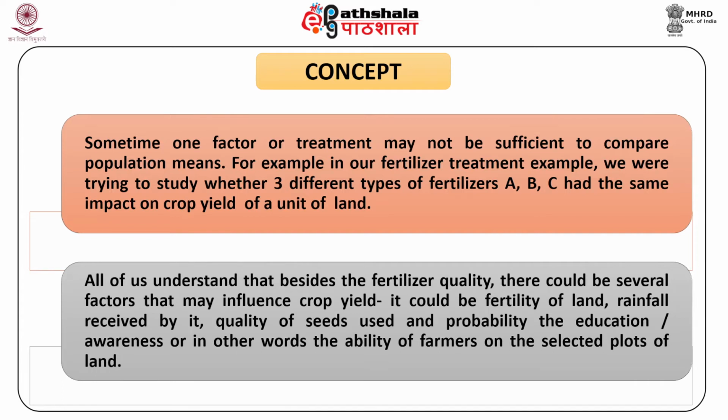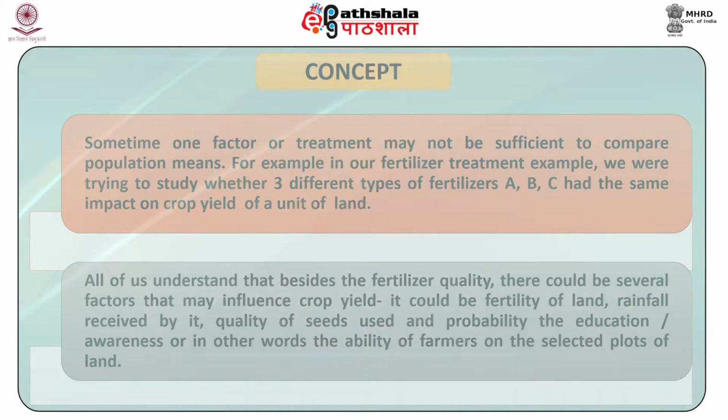All of us understand that besides the fertilizer quality, there could be several factors that may influence crop yield. It could be fertility of land, rainfall received by it, quality of seeds used, and the education awareness, or in other words, the ability of farmers on the selected plots of land.